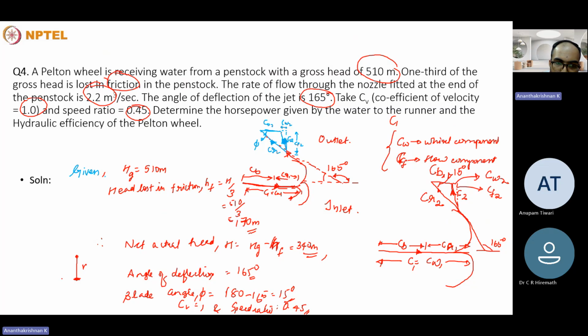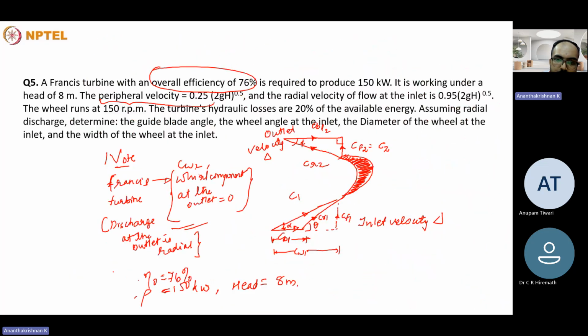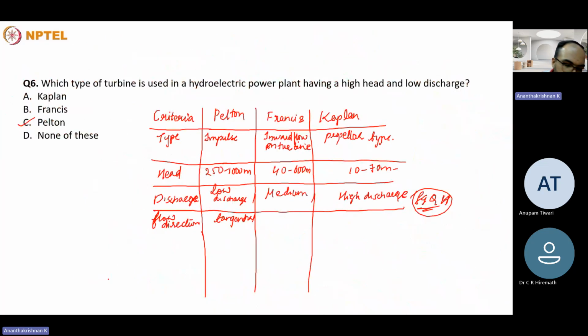The fluid comes in tangential to the radius, takes a 165-degree deflection and goes out in the same plane, so it won't go out of it. That's why it's a tangential blade. It's called a tangential flow impulse turbine.